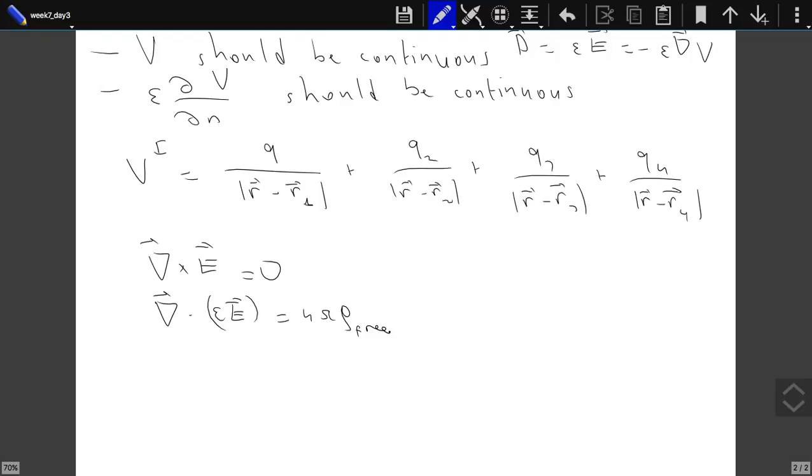We can just take it out of that derivative. So it's just as if there is no dielectric, but the charge is modified by division by epsilon.